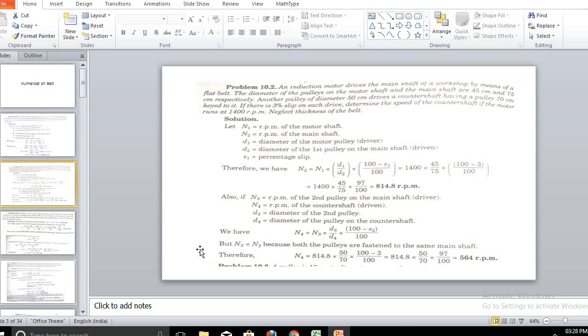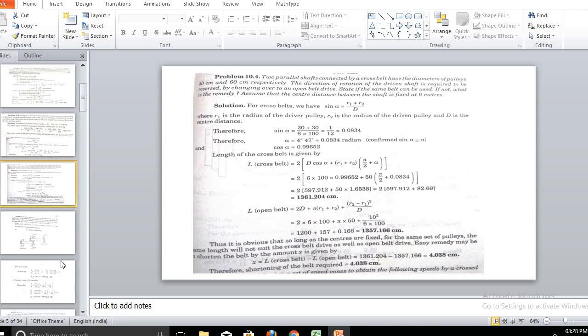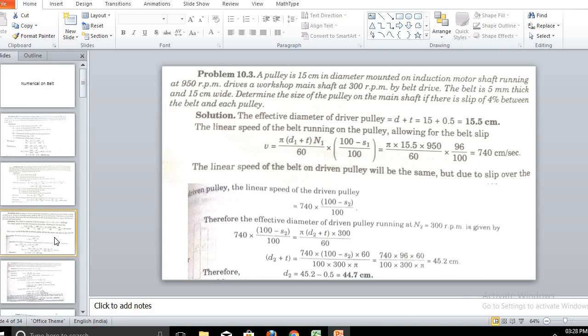Here also slip is considered, but it is divided into 2 parts, N1 to N2 and N3 to N4.